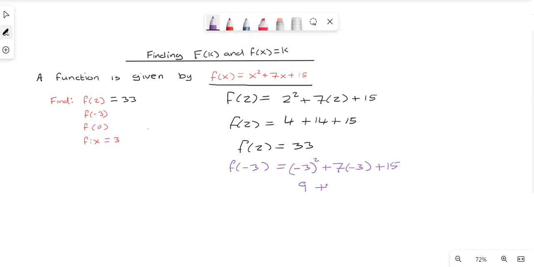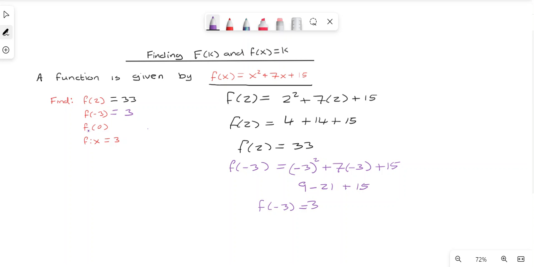Then 7 times minus 3 is minus 21, plus 15. So now we want to solve this. If I have minus 21 and I add 15, that's going to leave me with minus 6, and then 9 minus 6 is 3. So function minus 3 is going to be equal to 3.